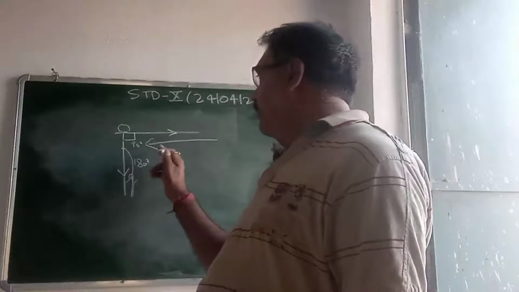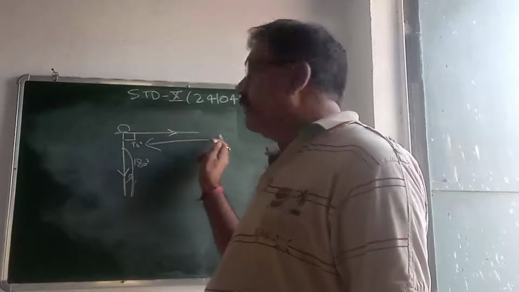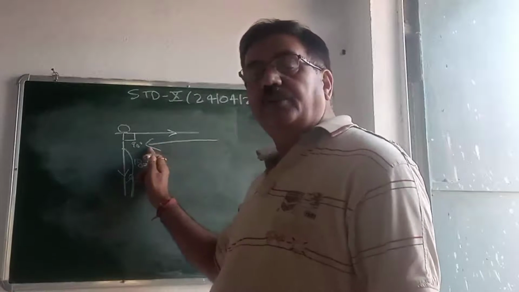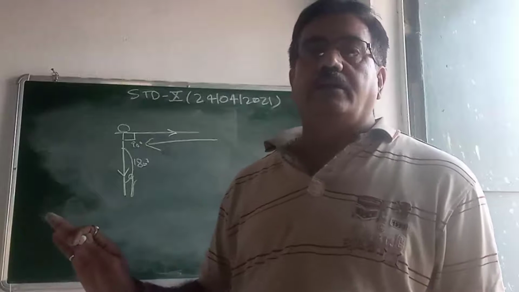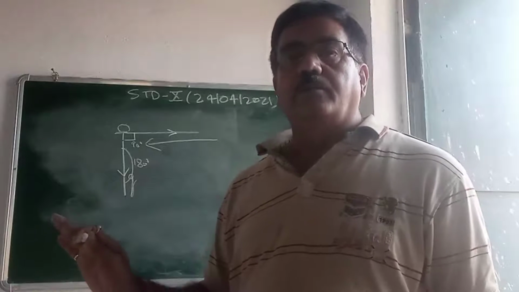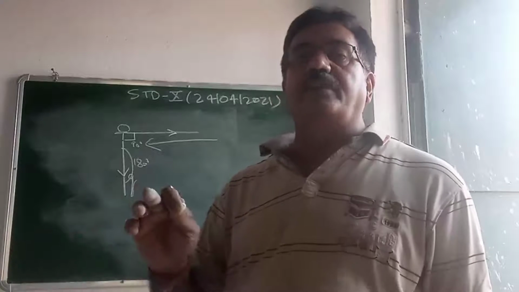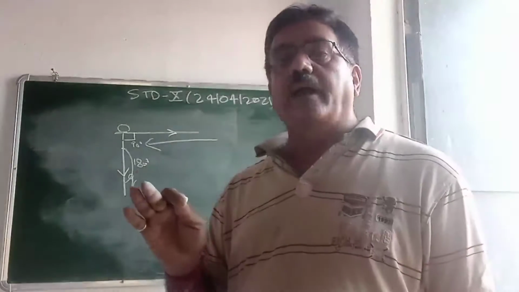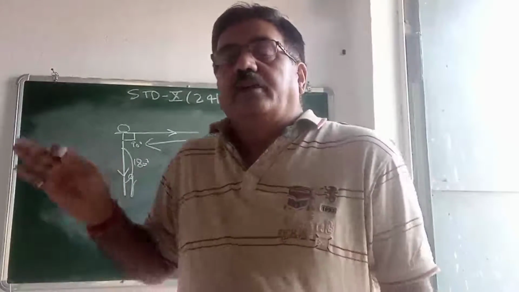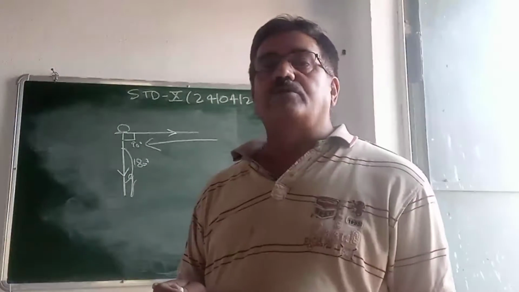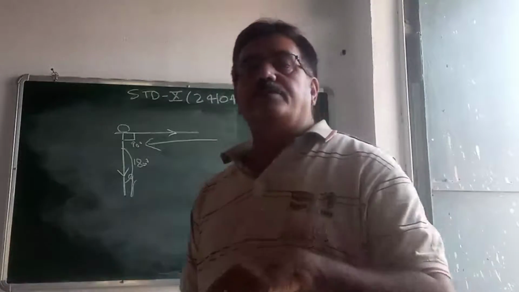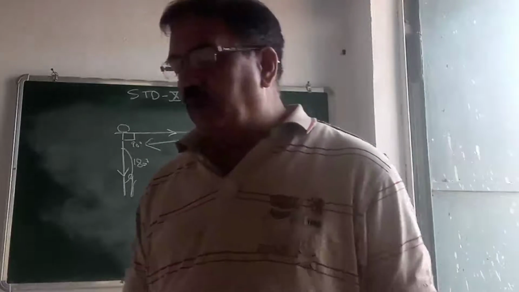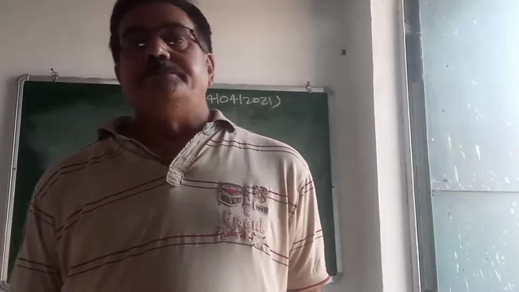But the porter is doing work against the force of friction, which opposes the motion. So negative work. But he is not doing work against the force of gravity, because the displacement is normal to the gravitational force.